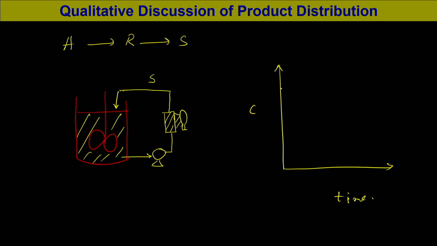So, CA will start from CA naught and it will come down. So, this is the variation of A, and then S will increase. So, this is the formation of S, with zero or very negligible presence of R.